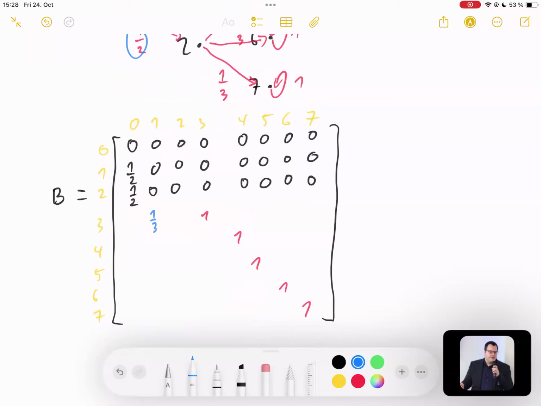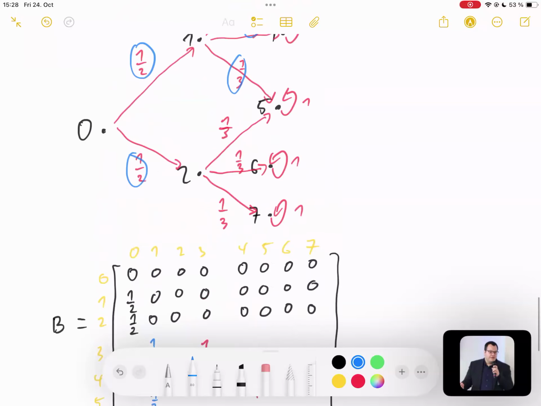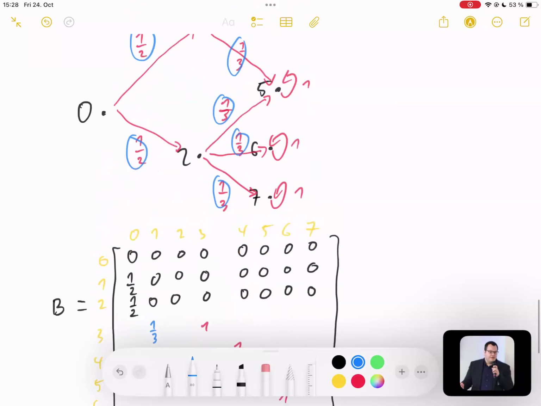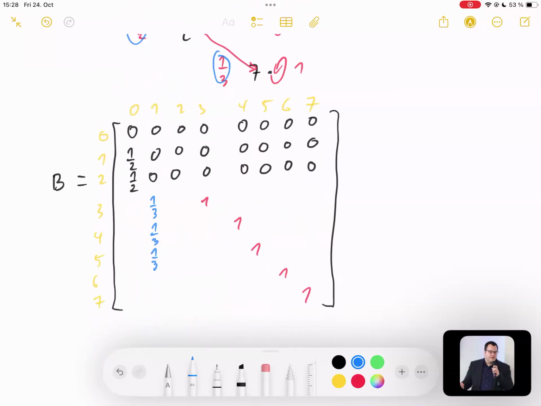So we have a third here, a third there, and a third there, which are these incoming ones from 1. Plus we have the incoming ones for 5, 6, and 7 from 2. So we have this 1/3 here, 1/3 there, and 1/3 there.